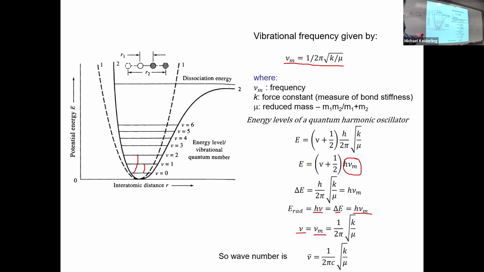So the vibrational frequency is 1/2 pi square root of k over mu. And for a quantum harmonic oscillator, the energy levels end up being (v + 1/2) times h over 2 pi times the square root of k over mu, where v is the vibrational quantum number, which is just an integer from 0: 0, 1, 2, 3, 4, 5, and so on.